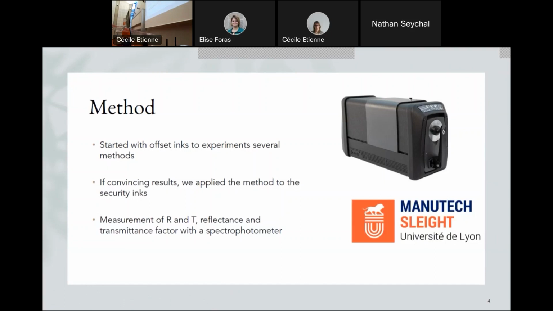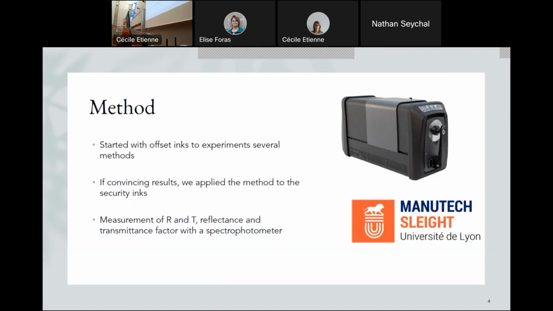To calculate that, we tried several methods, first on regular inks, and when we had a plausible and convincing result, we applied the method to the security inks.